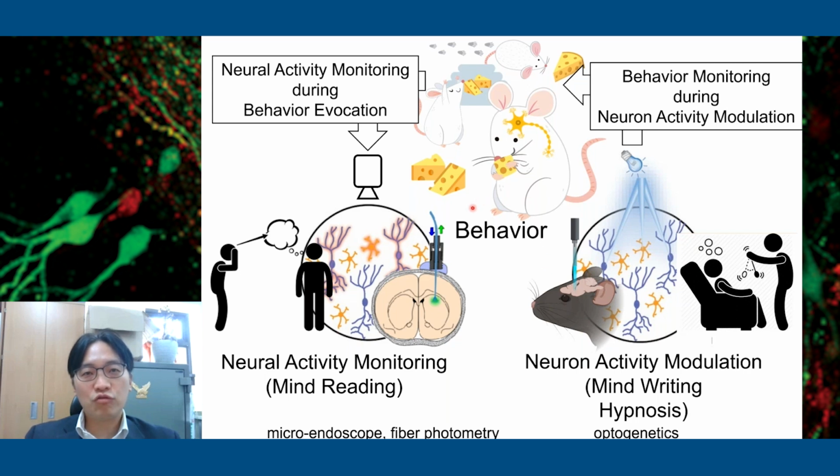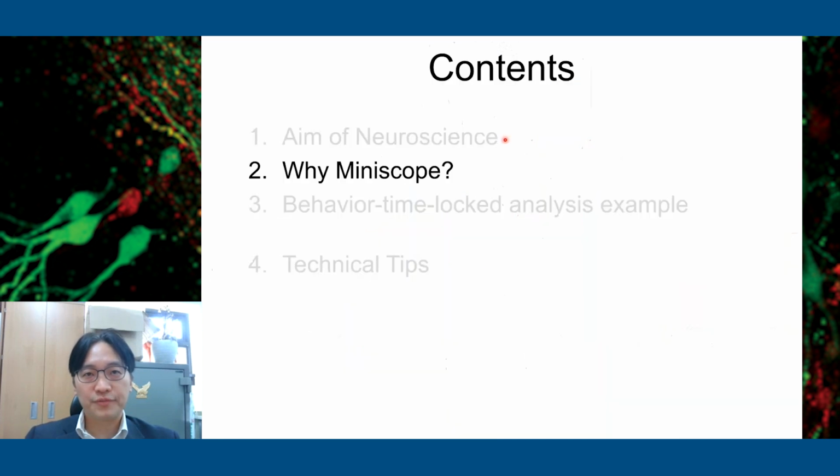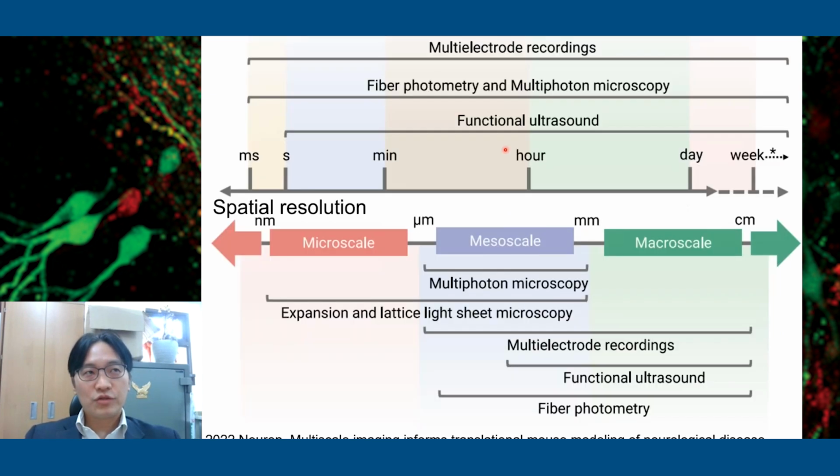So understanding the technical limitations or technical function of these two tools will enable us to study the role of a certain neuron. So what about the miniscope? When you think about how you will do your neuroscience, you have to think about two things: temporal resolution and spatial resolution. For the temporal resolution, we are talking about how many milliseconds of temporal resolution you want, or how long a duration you want.